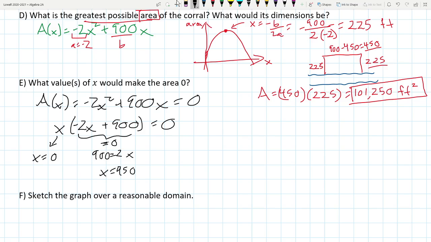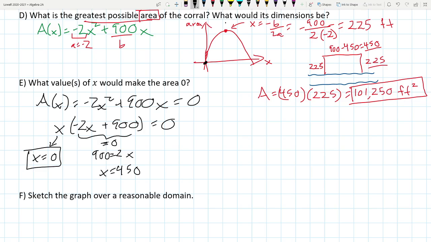Now, notice, we actually probably didn't even need to do that, because with a little bit of logic, we could have already figured that out. If x equals 0, then of course this corral is not going to have any area because there is no side length there. So we already knew that this graph contains 0.